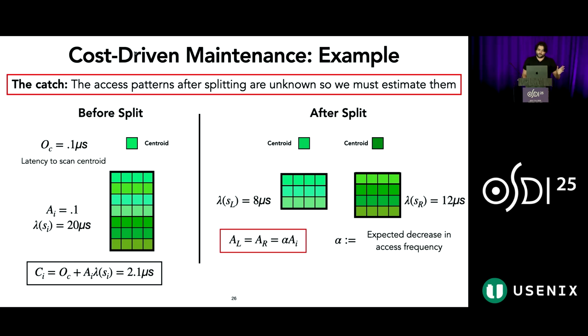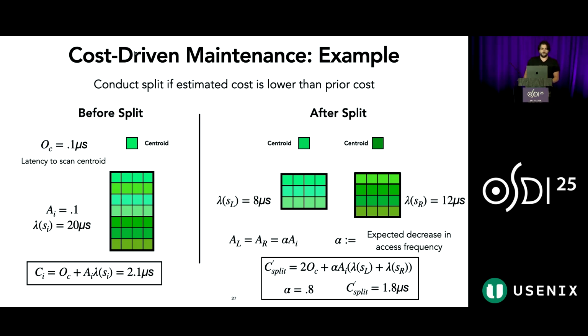If we put some concrete numbers in here, let's say alpha equals 0.8. So we assume that 80% of the queries go left, 80% of the queries go right, of that original 10%. Then the estimate for this split is 1.8 microseconds. That's less than the original one, and so based on our estimate, we should conduct the split. Of course, in practice, there's variability. Maybe this is an overestimate or an underestimate, but we are tuning here for the average case with this alpha parameter.